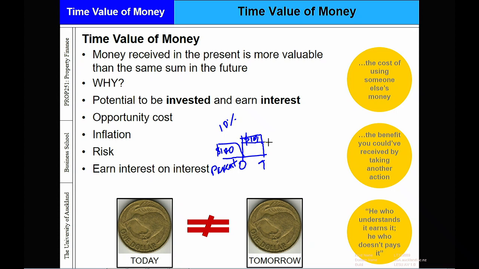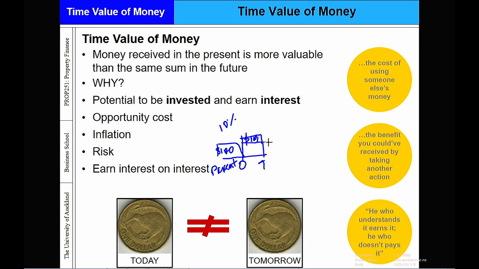So you start off at 0. By the end of year 1, you will have 110. In year 2, you will have 121. That's with compound interest. If you have simple interest, you go to 110, but every year all you're doing is adding $10.